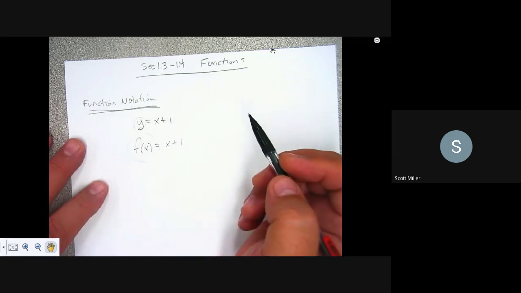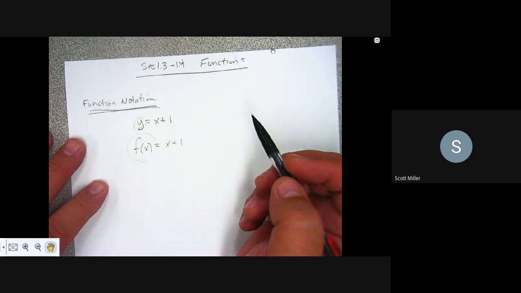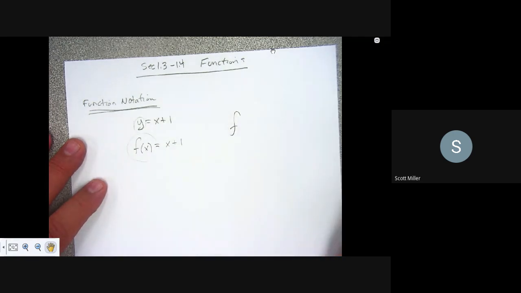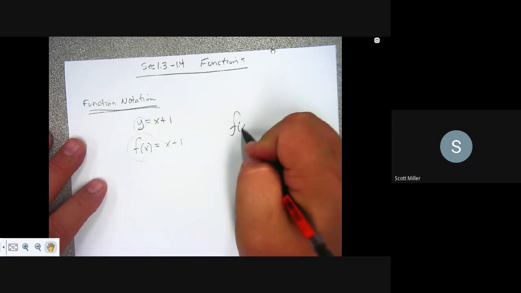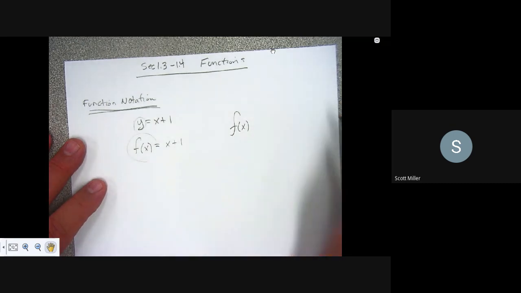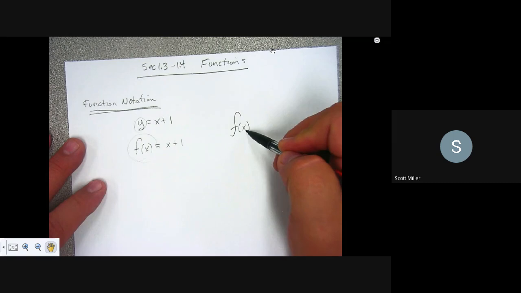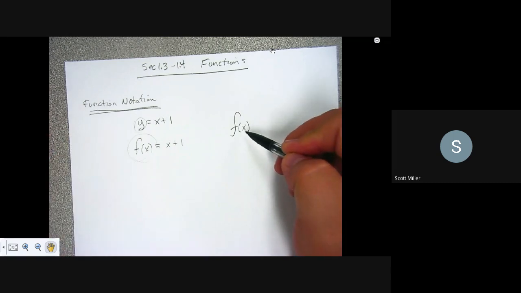We need to learn to recognize it for what it truly is. It has two parts. It has the name, f, and then it tells you the variable of the expression that's going to come next. This is the function whose name is f with the variable x. That's what it means. We usually abbreviate that to just simply say f of x.